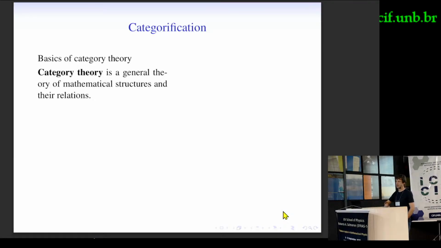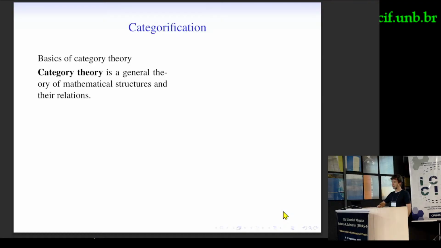The idea of category theory is that you want to discuss different structures that appear in mathematics and find relations between them, so that if you're able to prove certain theorems for some set of structures, you can use category theory to export these theorems directly to different mathematical structures.